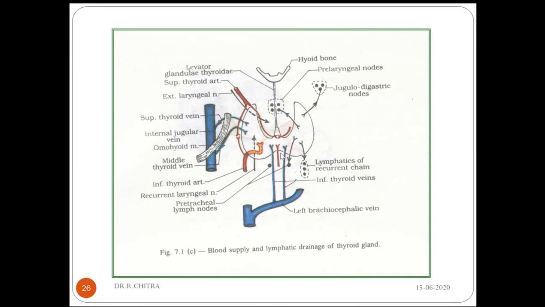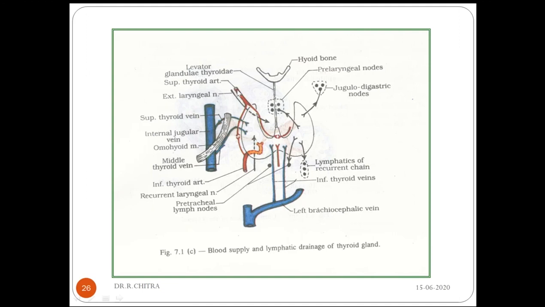So this is the venous drainage and lymphatic drainage diagram. Superior thyroid vein follows the outer border of the omohyoid and drains into the internal jugular vein. Middle thyroid vein follows the inner border and drains into the internal jugular vein. Inferior thyroid veins drain mainly into the left brachiocephalic vein.